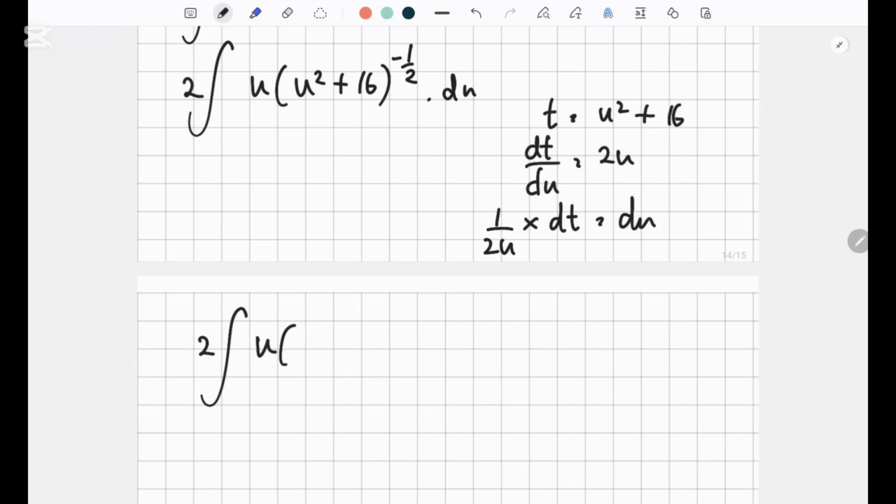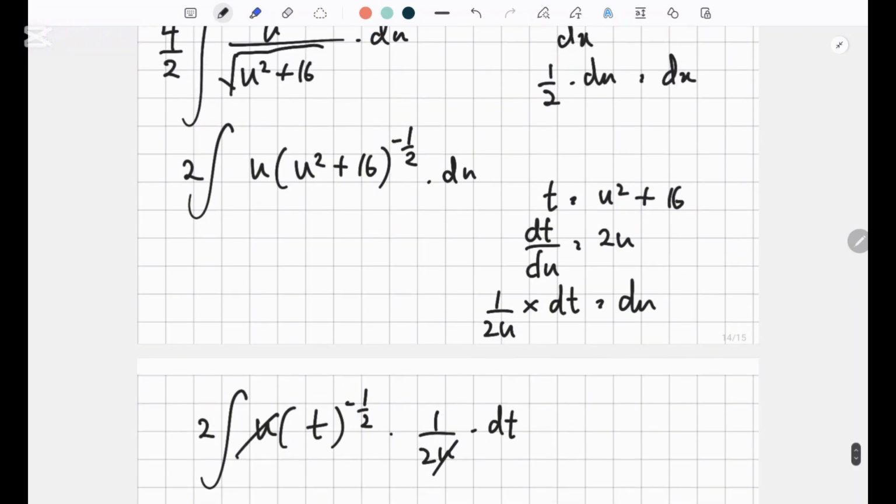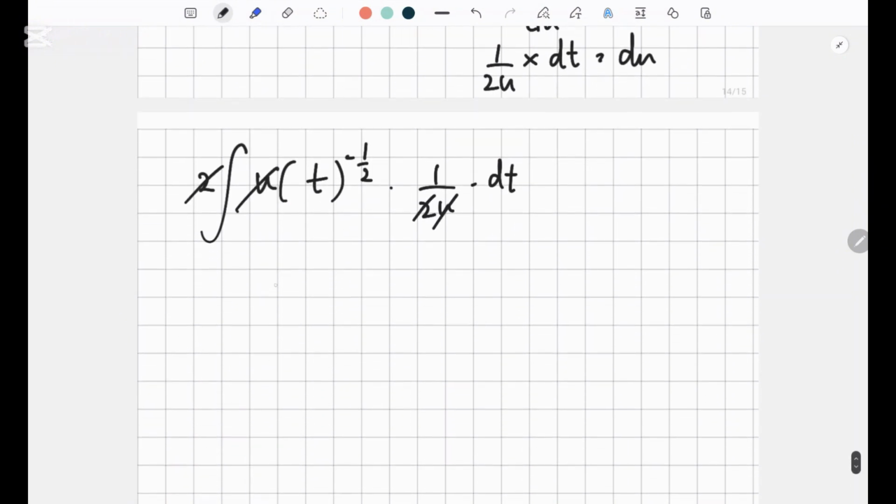So instead of u squared plus 16, we'll just put t to the power minus half. And instead of du, we put in 1 over 2u dt, right? So you can see u cancels off, 2 cancels off. So you end up with the integration of t to the power minus half dt.